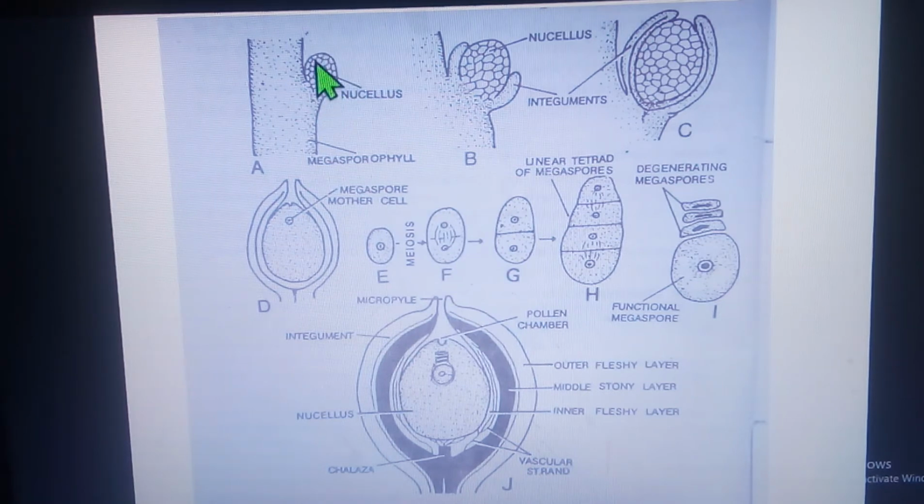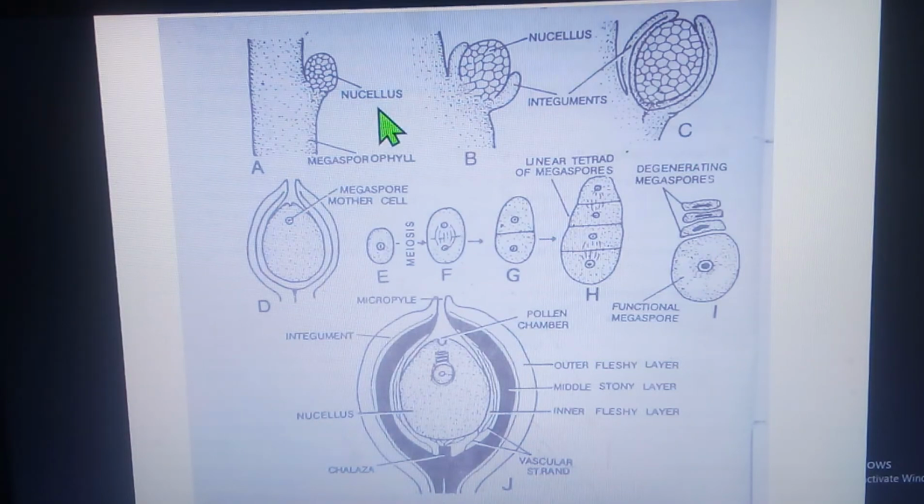These cells divide and redivide to form a small outgrowth or protuberance, which gradually increases in size and forms what we call the nucellus.